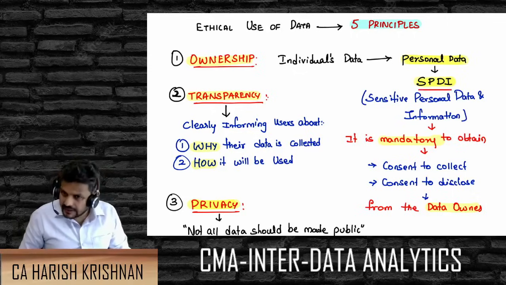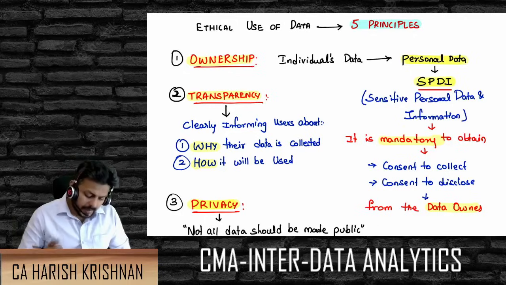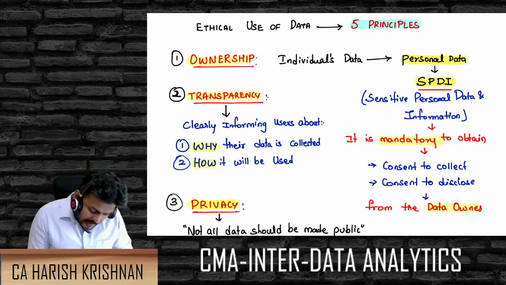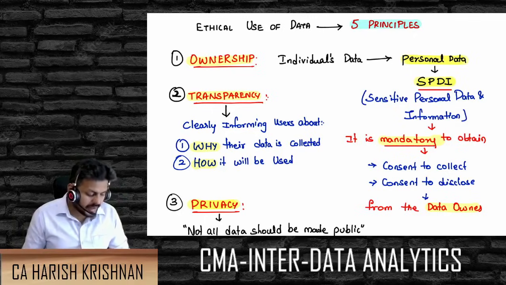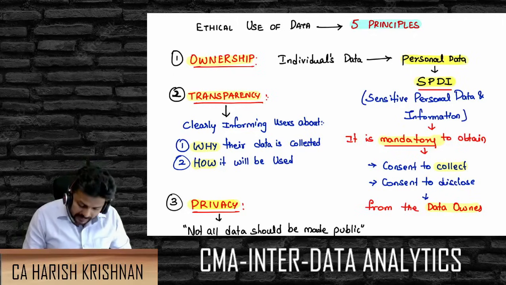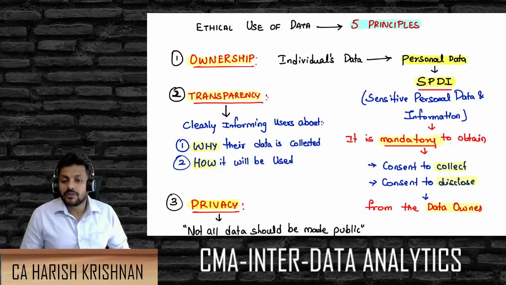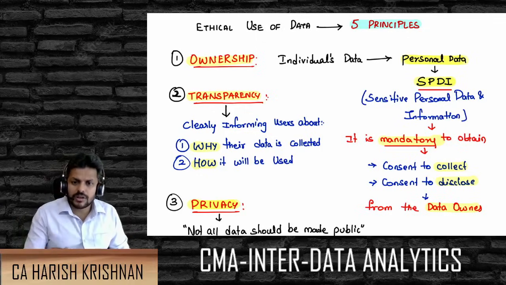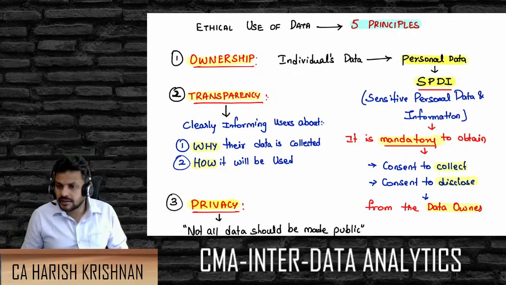If you are collecting that, the ownership of that data no doubt belongs to the entity, but before you do that, it is mandatory to obtain two things: a consent to collect the information from the user, and a consent to disclose. Okay, so consent to collect and consent to disclose from the data owner are two of the very essential aspects of collecting the data.